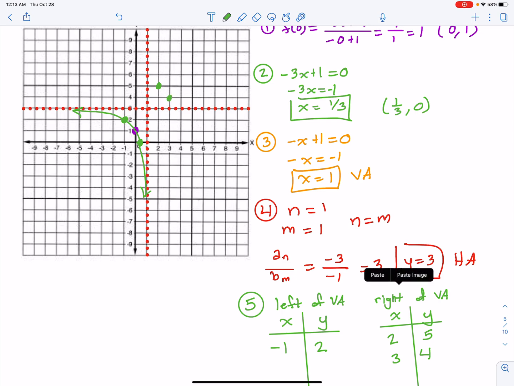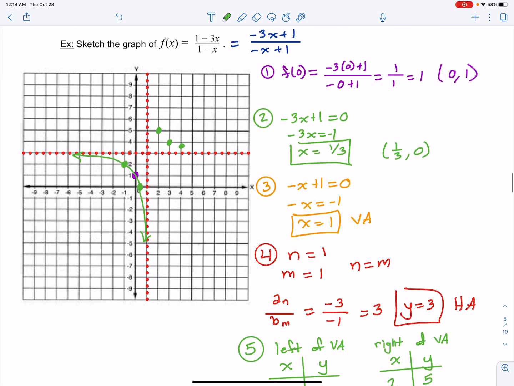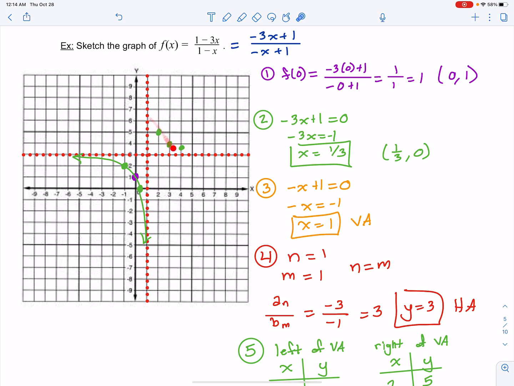We could plug in 4, and that would give us 3 2/3. So we have 3 points over here. We get a good idea of the shape of our function. So as we move towards that vertical asymptote, we're going to be going upwards. As we move off to the right, we're going to be going down towards our horizontal asymptote.